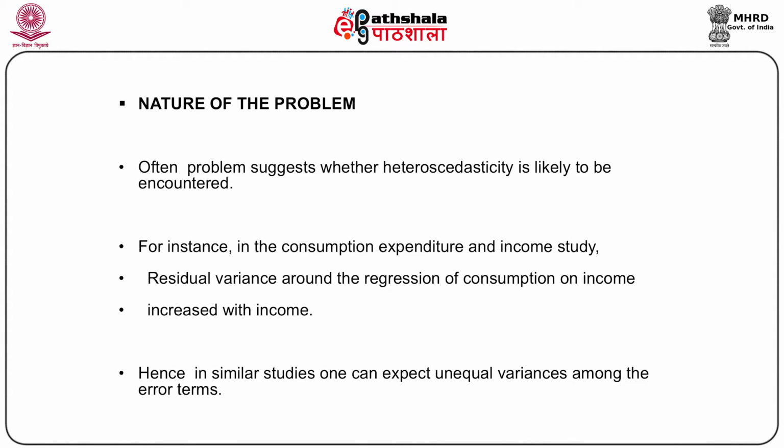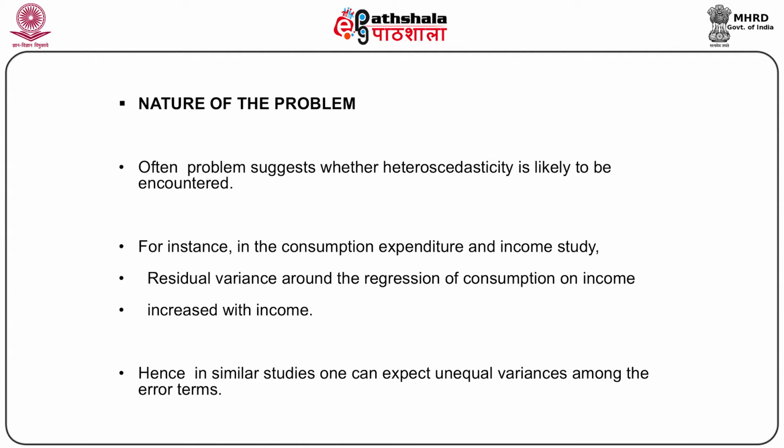The first informal method that we use is to know the nature of the problem that we are looking at. Oftentimes, the nature of the problem under consideration suggests whether heteroscedasticity is likely to be encountered or not.